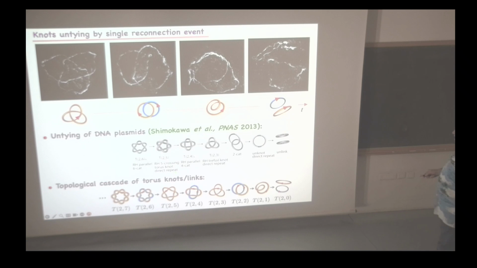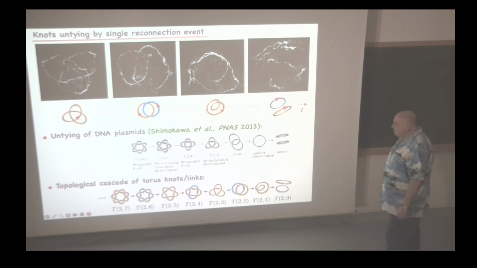Well, this is remarkable because you see the action of this enzyme provokes a sequence of transitions, and you see here the trefoil, and then the Hopf link, and then the unknot, and then eventually other structures. And they could analyze structures with higher complexity in topology, starting from this knot.